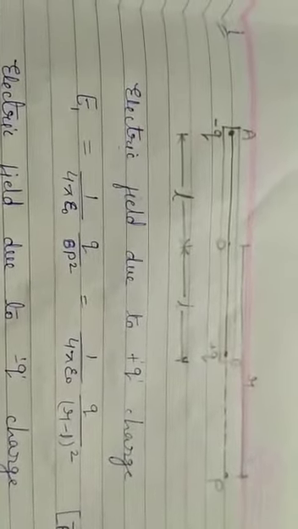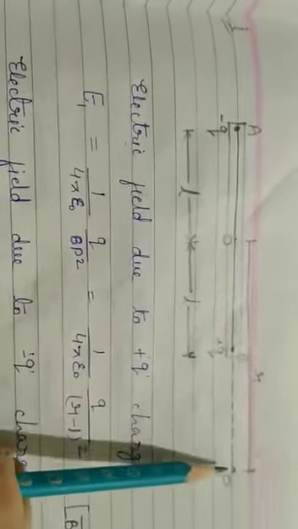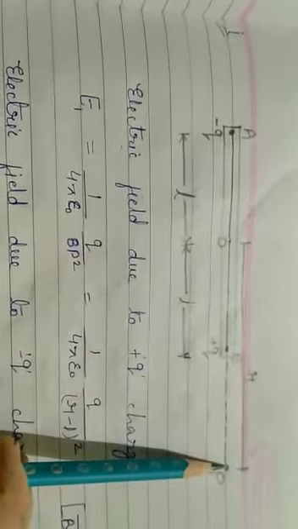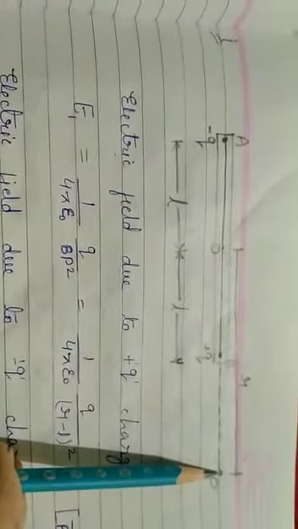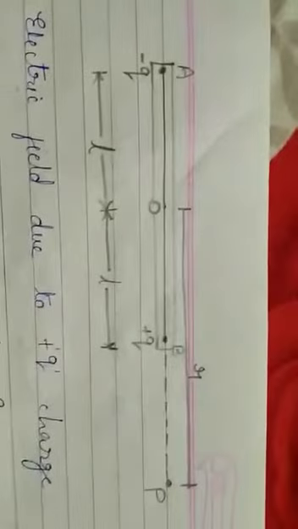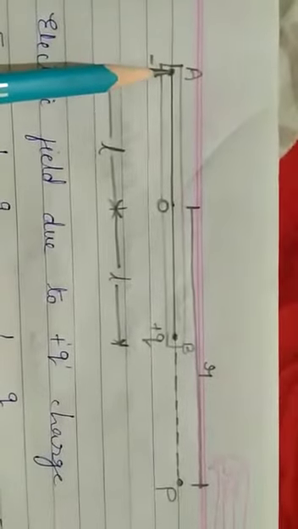Now let's move to the first one, the electric field due to an electric dipole at an axial point P. Here we have to find the total electric field because of this dipole AB. Let us first understand the diagram.